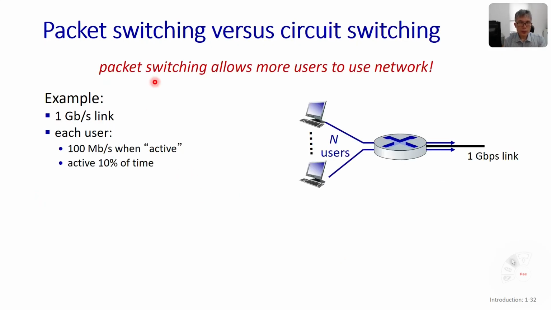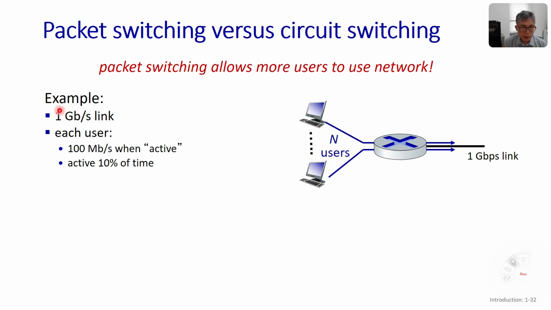So we can compare packet switching and circuit switching. Packet switching allows more users to use the network, because some users are idle while other users fully utilize the network bandwidth. If we are using circuit switching, we divide by n and a small link bandwidth is used.